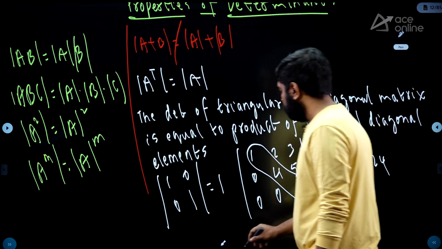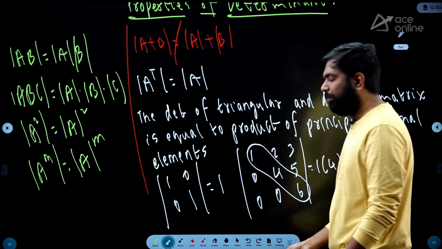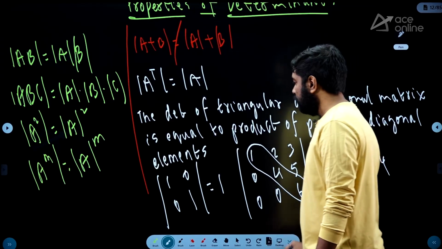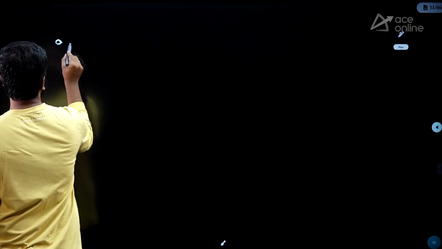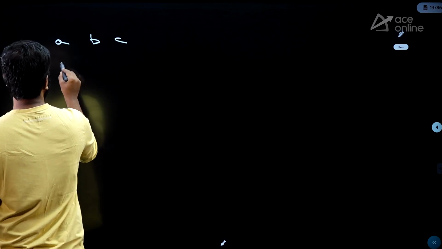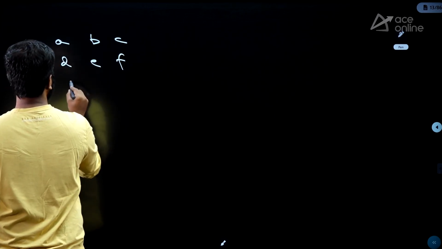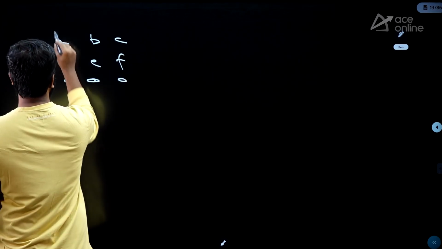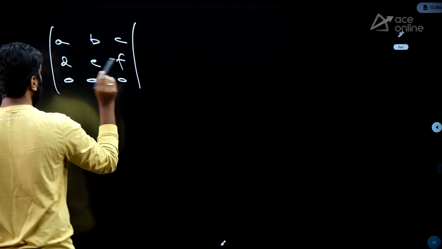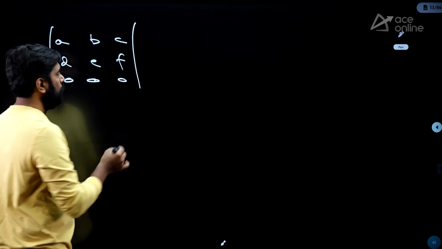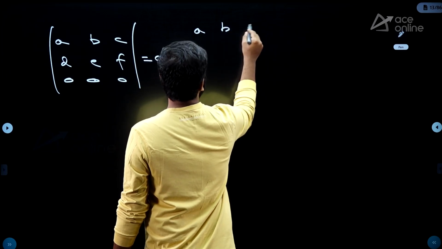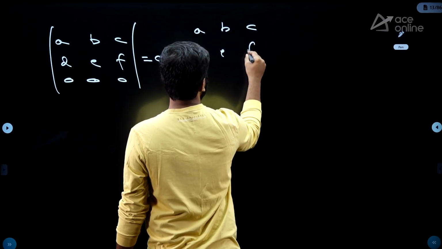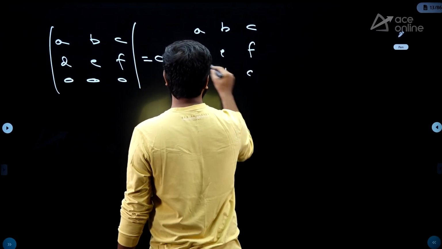There are many such properties. So let me discuss them one by one. Suppose you have a matrix, and what's happening here? There's a particular row which is completely 0. So the determinant is 0, students. Now look at this case where you have identical rows.